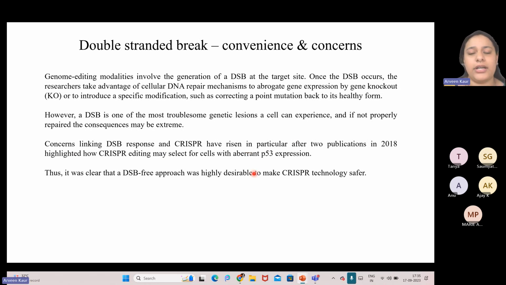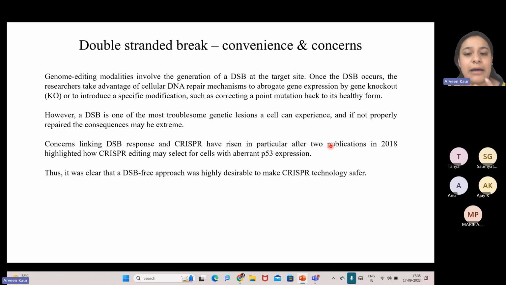If you are not aware of p53, it is basically a tumor suppressor gene, whose loss can cause cancer. So these two famous publications showed that if CRISPR editing was not very specific to the site and had off-target effects, it led to selection of certain cells with incorrect p53 expression.